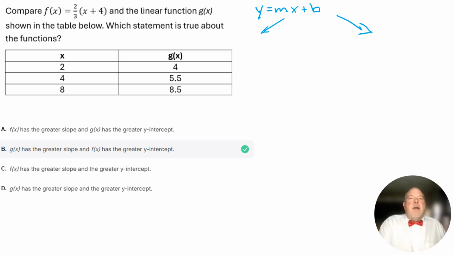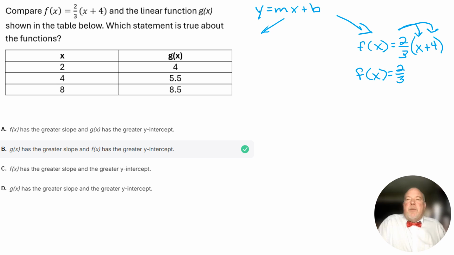So let's do that over here on the right side. So I'm going to take f of x equals 2/3 times x plus 4. And to put it in slope-intercept form, all I need to do is just distribute to get rid of the parentheses. So I'm just going to distribute the 2/3 in there, and so I get f of x equals 2/3 x.